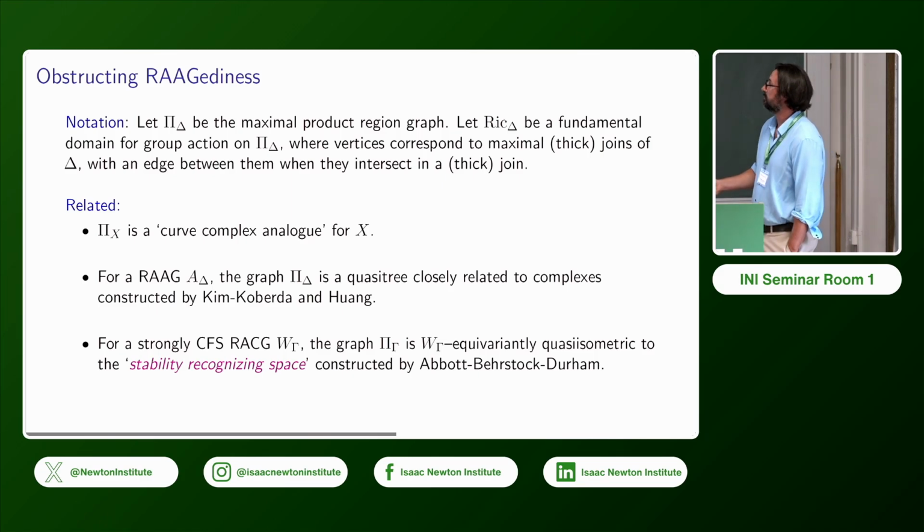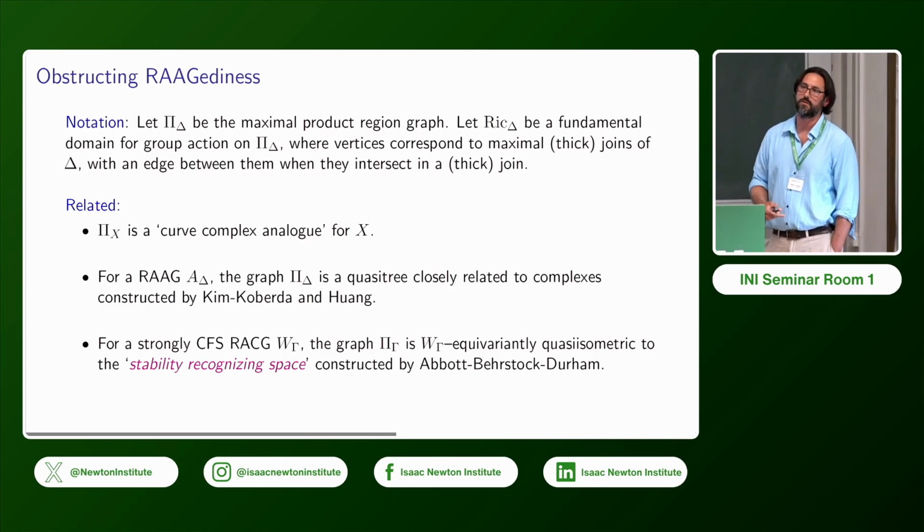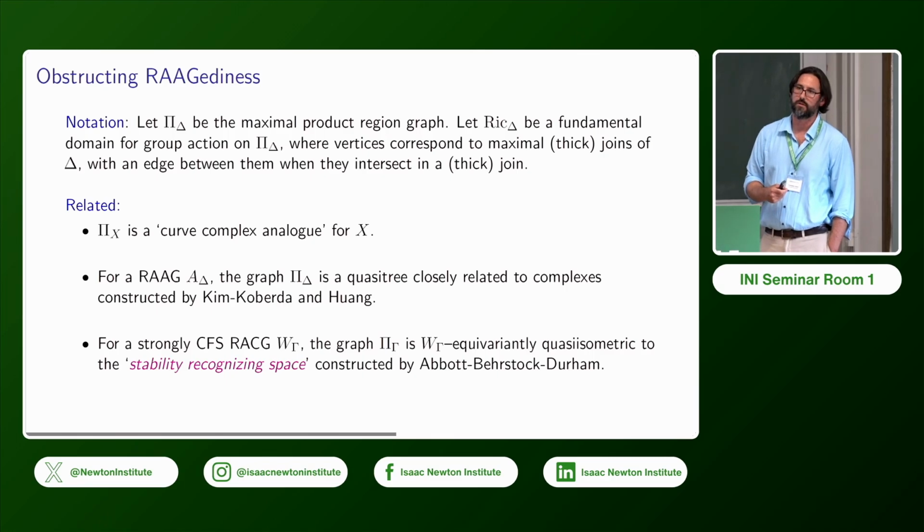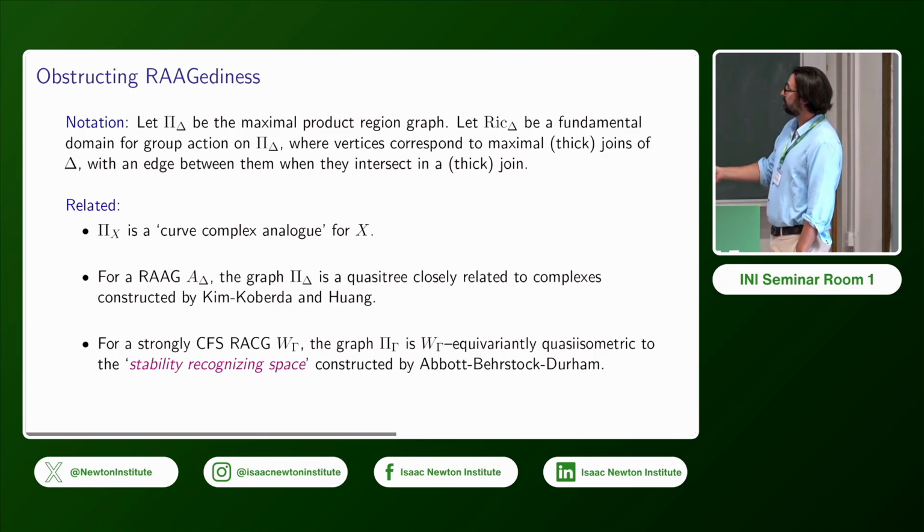For this purpose, this space is better because quasi-isometries induce isomorphisms of the maximal product region graph. But for Abbott and Baerstock and Durham's space, quasi-isometries only induce quasi-isometries of their space. So in a sense, this product region graph is more rigid with respect to quasi-isometries. But we are going to use their result.